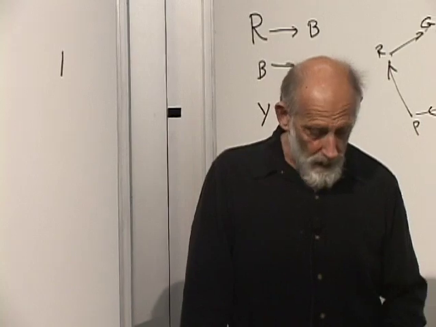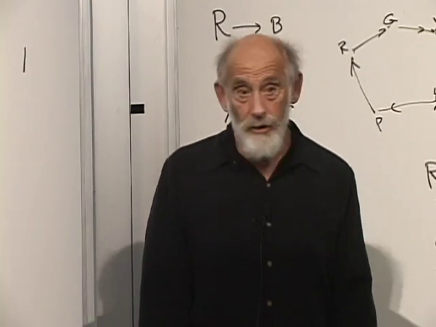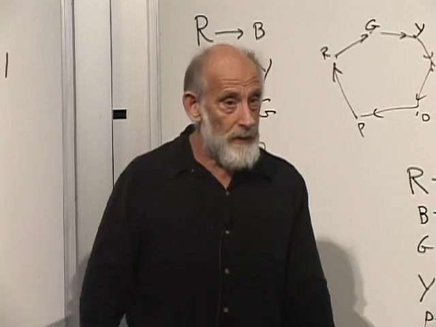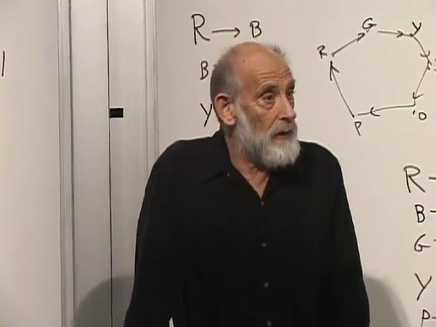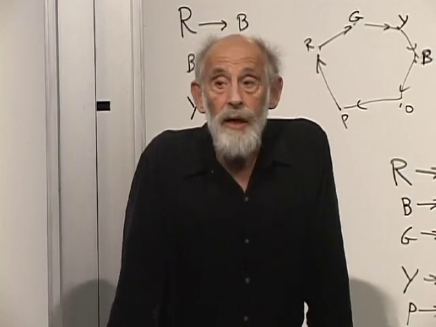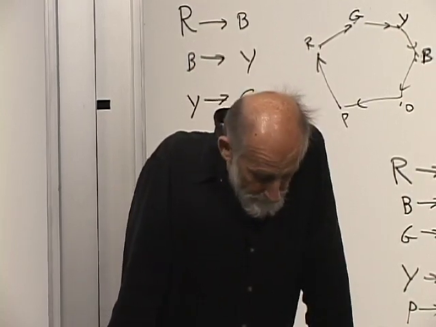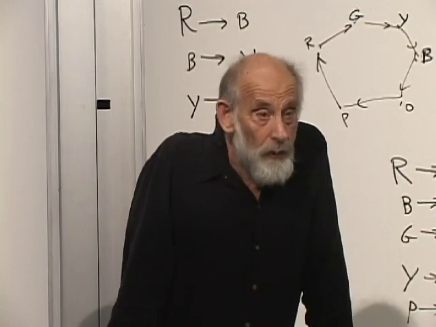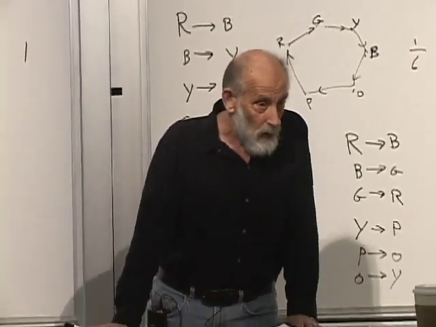Okay? That's essentially the structure of statistical mechanics. Calculating probabilities of things subject to constraints, and those constraints usually take the form that some quantity is fixed. Some conserved quantity is fixed, one or more.